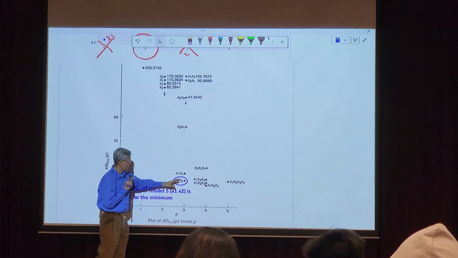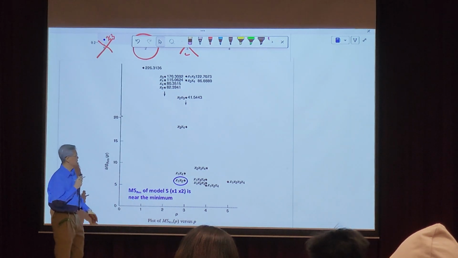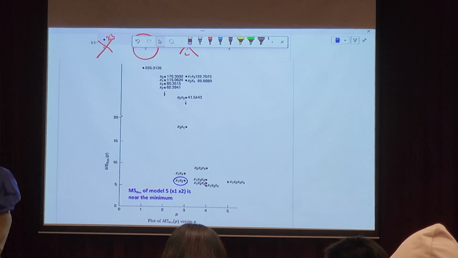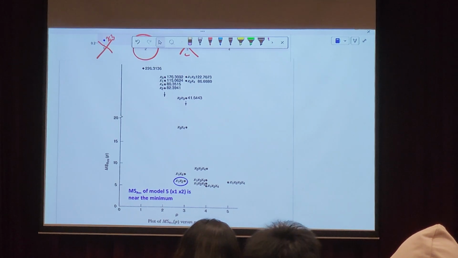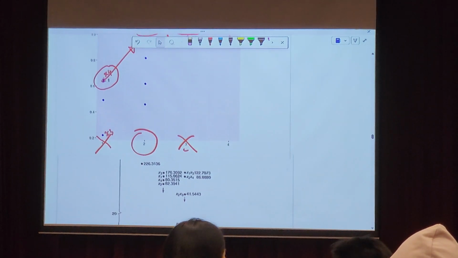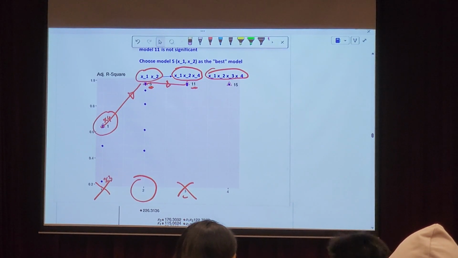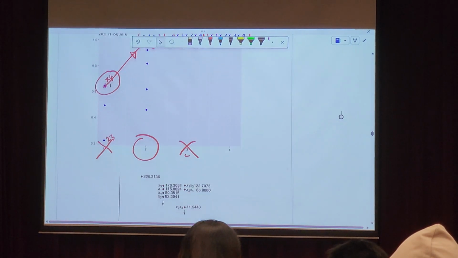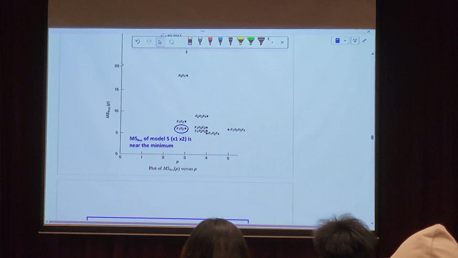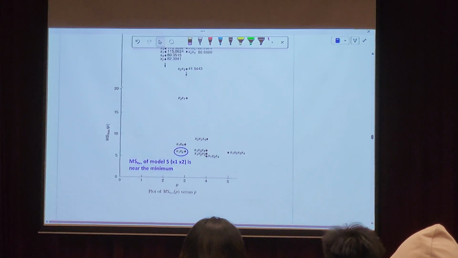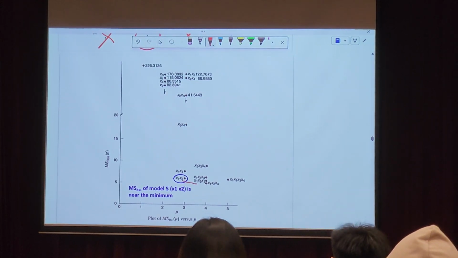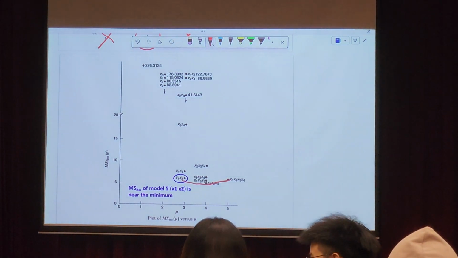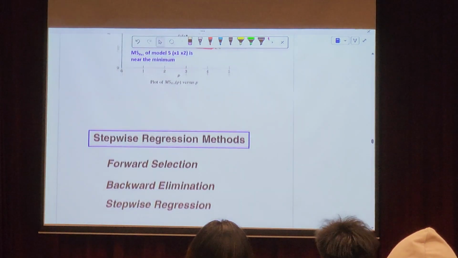So here is 2 regressors. And the best one, of course, is this one, because it has the smallest mean square residual. So we will, of course, have the same answer: X1, X2. And according to mean square residual, the improvement is not big anymore, so we will choose the 2-regressor model. You understand that?